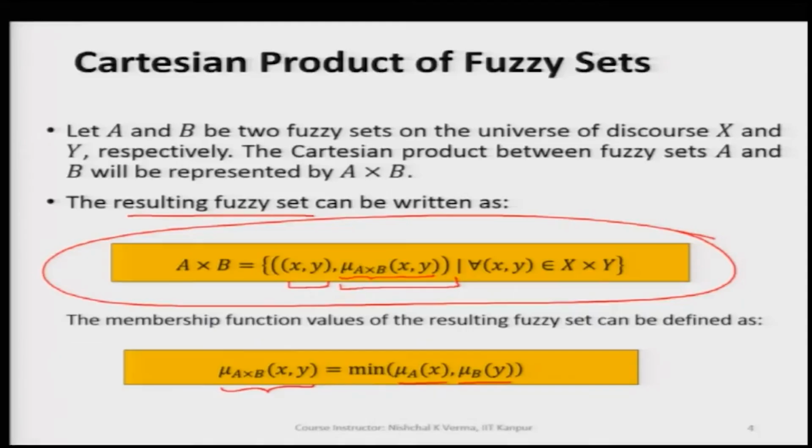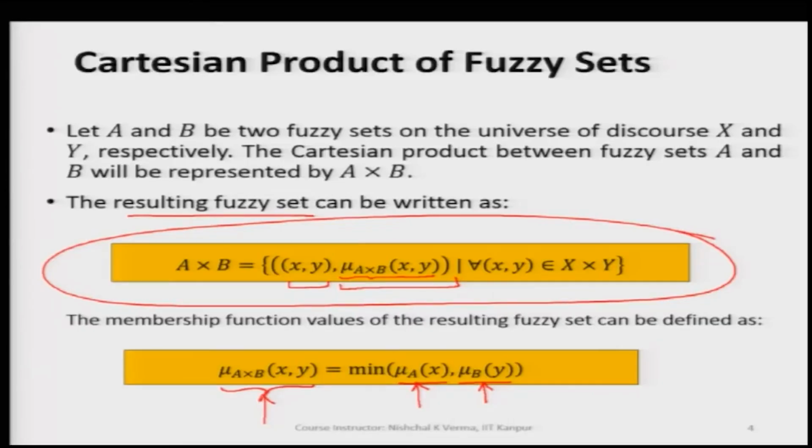Since we already have fuzzy set A and fuzzy set B, we get mu A of x from fuzzy set A, and mu B of y from fuzzy set B. By taking the min of these two values corresponding to the generic variable values small x, small y, we get mu A cross B of (x, y), the membership value of the ordered pair element of A cross B.